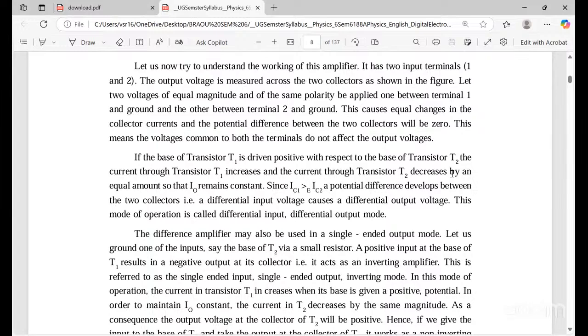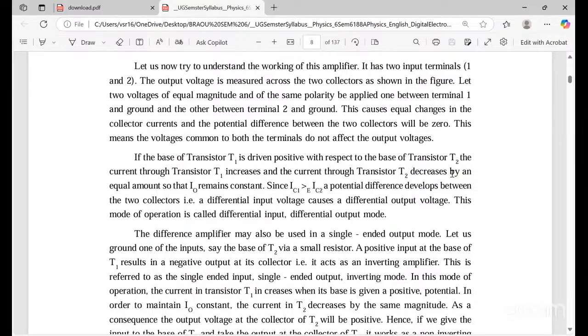So in this mode of operation, the current in transistor T1 increases when its base is given a positive potential. In order to maintain the output current I0 constant, the current in T2 also decreases by the same magnitude.